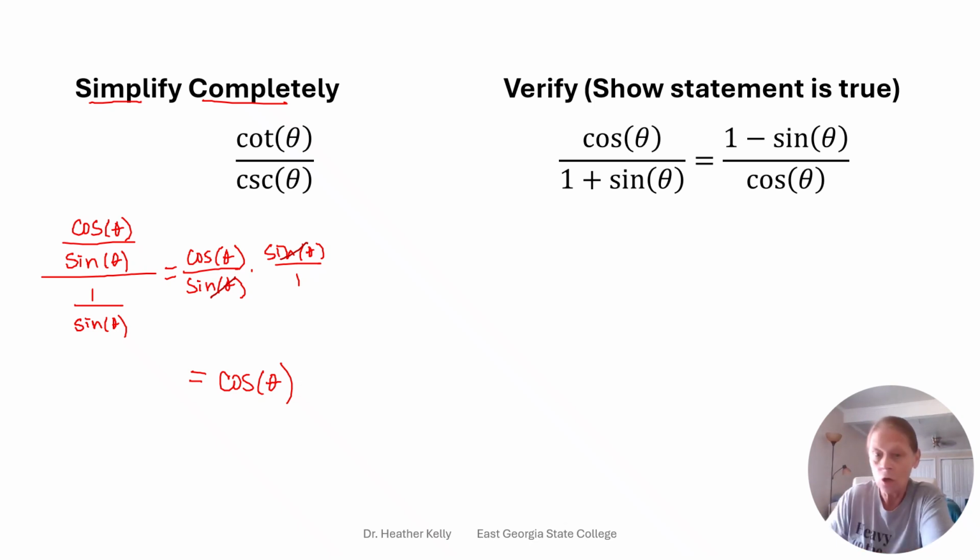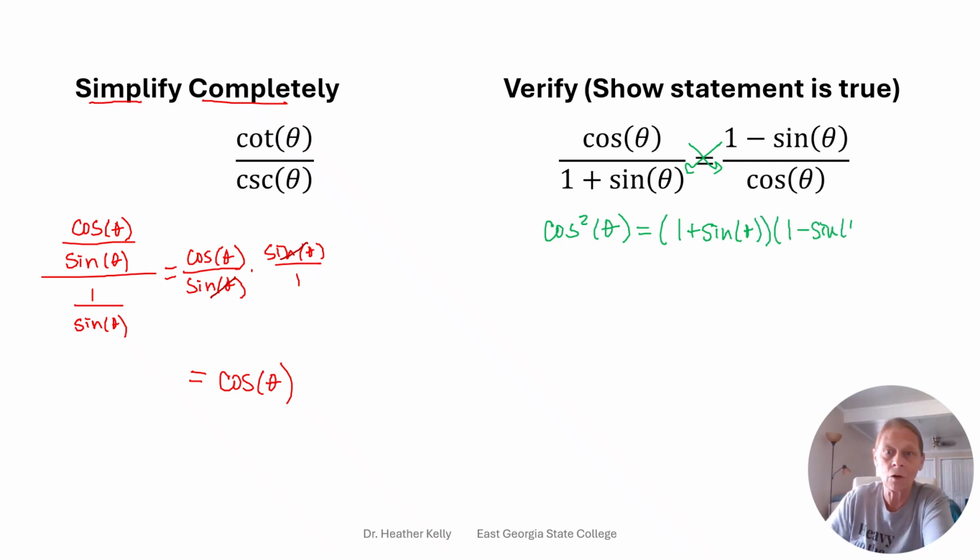So here we're going to cross multiply. And so we wind up with cosine squared theta is equal to 1 plus sine theta times 1 minus sine theta. And we already know that that's the difference of two squares, so we don't really have to FOIL that out.